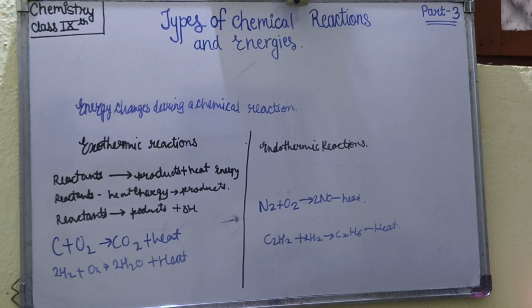The net result is absorption of energy. Such reactions are called endothermic reactions. In other words, if the energy absorbed during bond dissociation is less than the energy released during bond formation, then the net result is release of energy. Such reactions are called exothermic reactions.